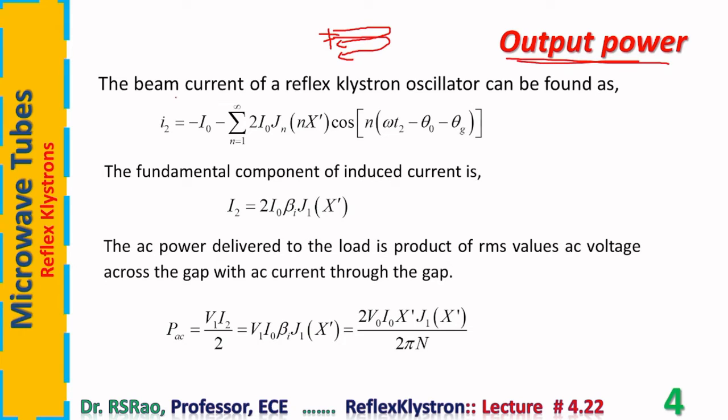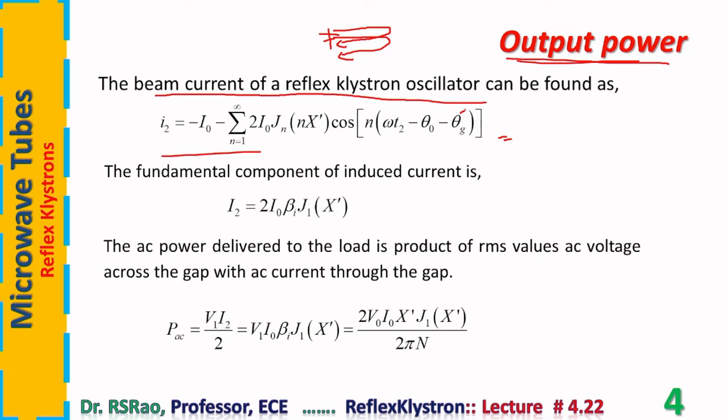This current is due to the crossing of bunches, and also the charge which has not participated in bunch formation. All that current can be found equal to I2 is equal to minus I0 minus n equal to 1 to infinity 2 I0 jn nx prime cos n omega t2 minus theta naught minus theta g.